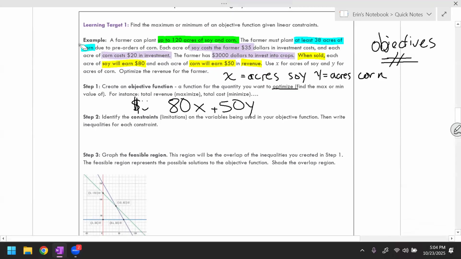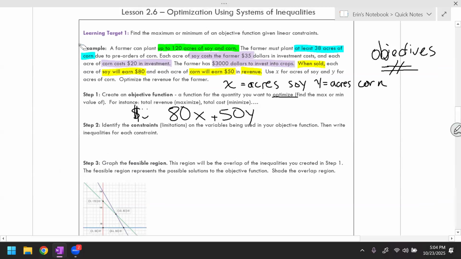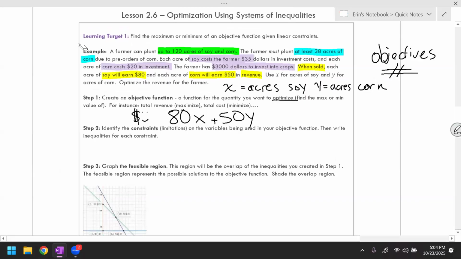Our constraints, though, are what's limiting how much we grow. Because if all we wanted to do is just make infinite money, we'd just plant as much of the most expensive crop as we can. But we can't do that, right? We have to have at least 38 acres of corn. Okay. So we also have to draw our constraints just like before. Our first constraint here is in green, which I'm going to draw in green.